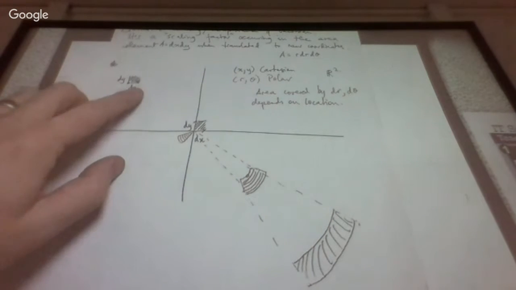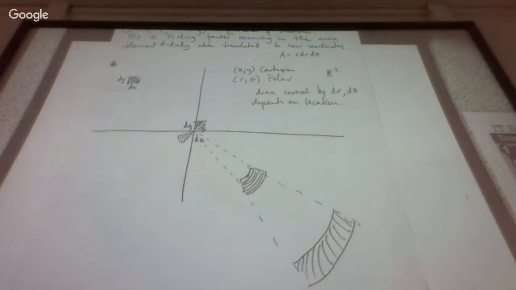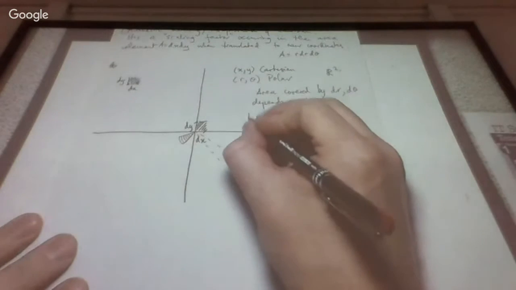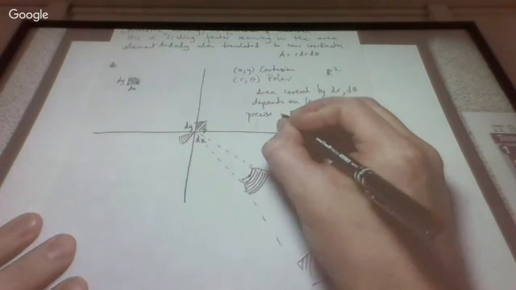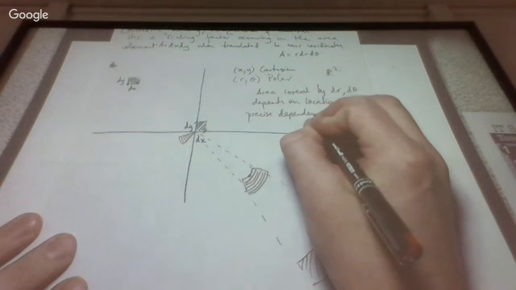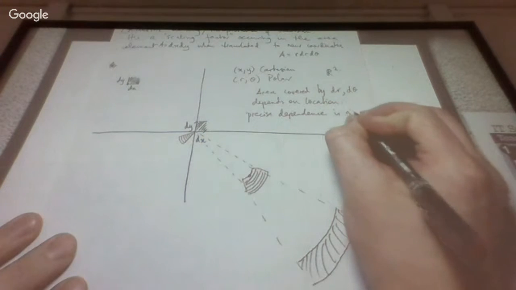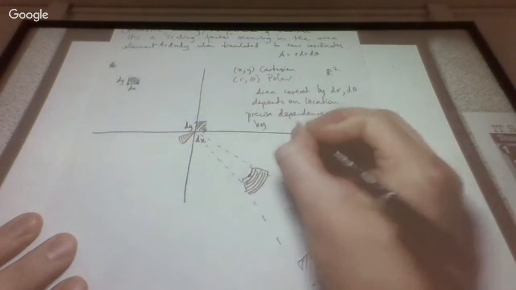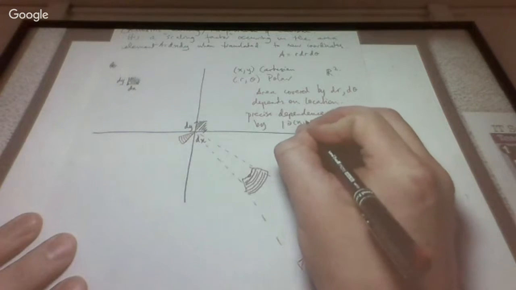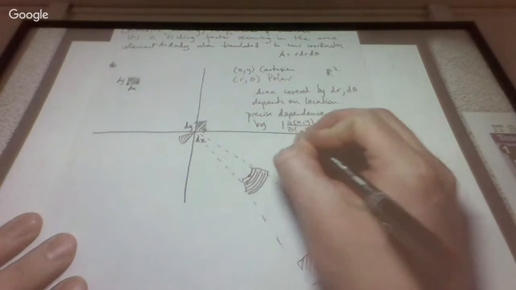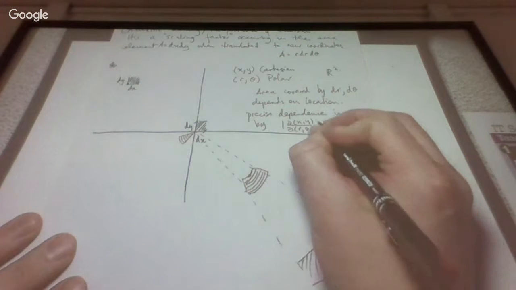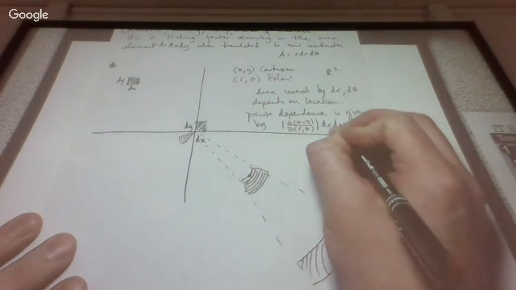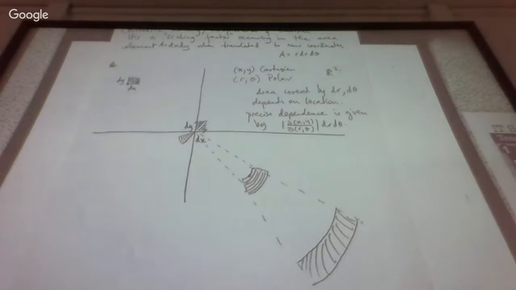Okay? No matter what starting point you go from, a little change in x and a little change in y always covers the same amount of area. So the precise dependence is given by the absolute value of the Jacobian times dr dθ. Okay, so in the case of polar coordinates, it's r dr dθ.